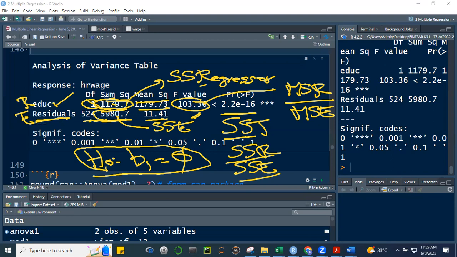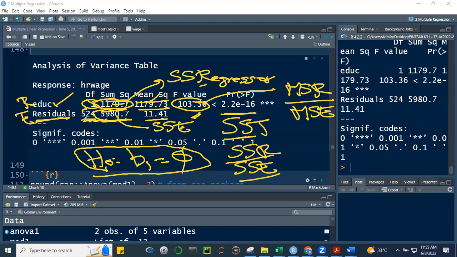What about the sum of the squares? This is your SSR, the sum of the squares of your regressor. This is your SSE, the sum of the squares of your error terms. And then MSR is just the quotient of your SSR divided by the degree of freedom. When we divide, this is what we get. Then MSE is the sum of the squares of your error terms divided by your degree of freedom number 2.